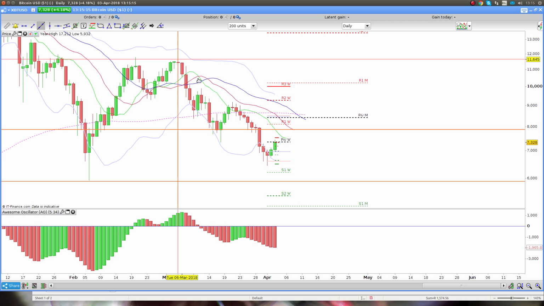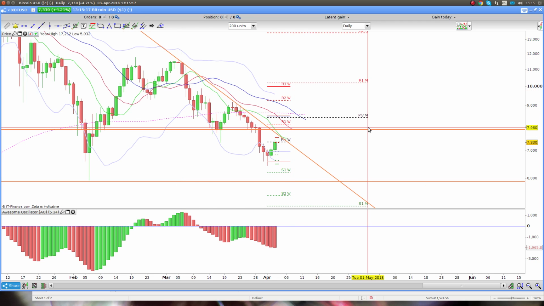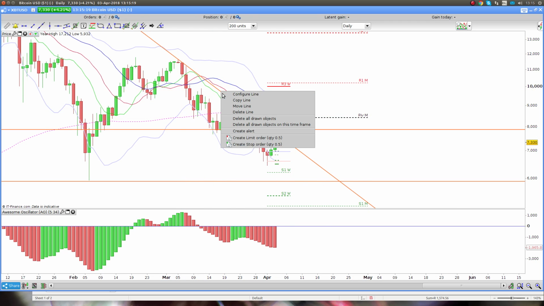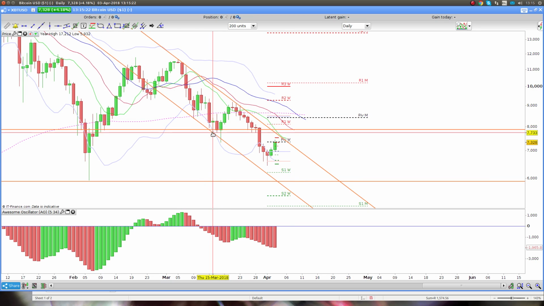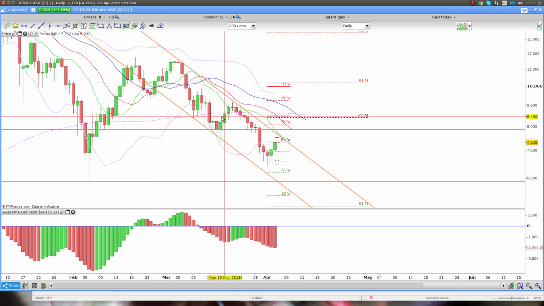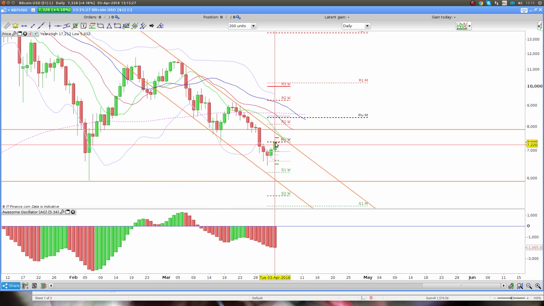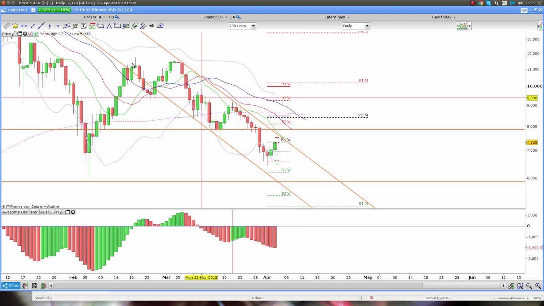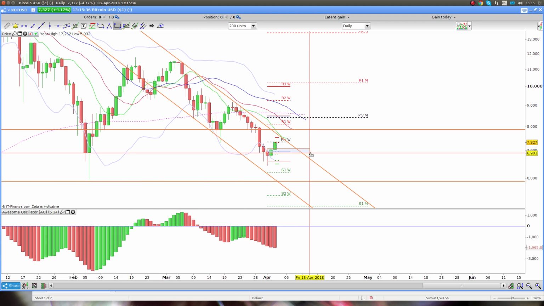I just want to do one last thing here. We do have a channel over there, a pretty solid downward bearish channel. So I suppose I'll be looking for a pullback, and anything in this area here.